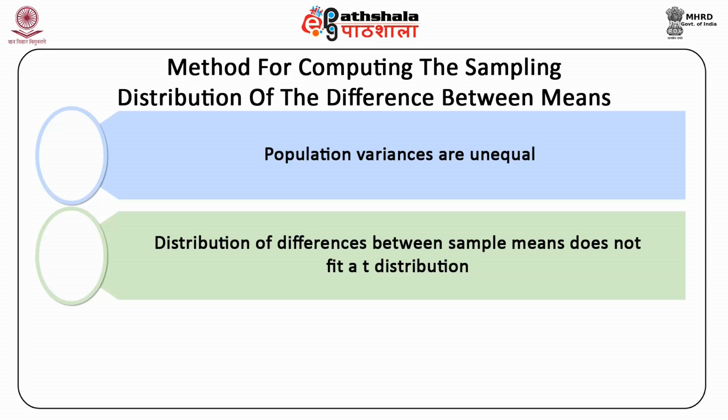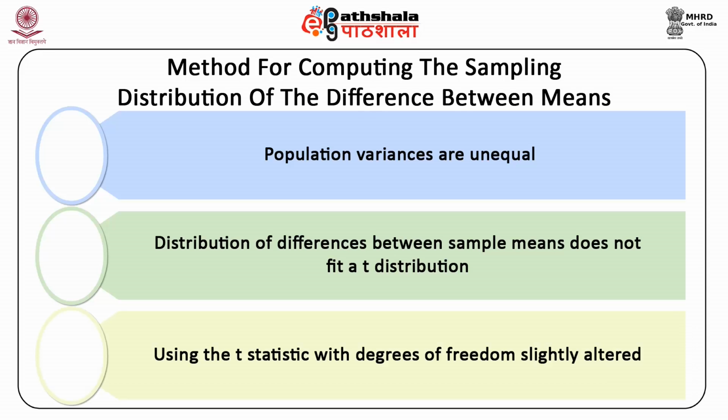In fact, no exact distribution has been found to adequately describe the sampling process, and only approximations have been developed. One such approximation has been proposed using the T-statistic with degrees of freedom slightly altered.